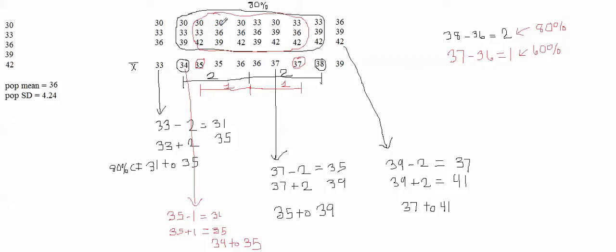Now we have to do it with one of the samples from the red circle, meaning one from the middle 60%. We could do it with this sample right here, which has a mean of 36. So let's take this sample mean of 36 and create a confidence interval. We just add and subtract 1 from 36.